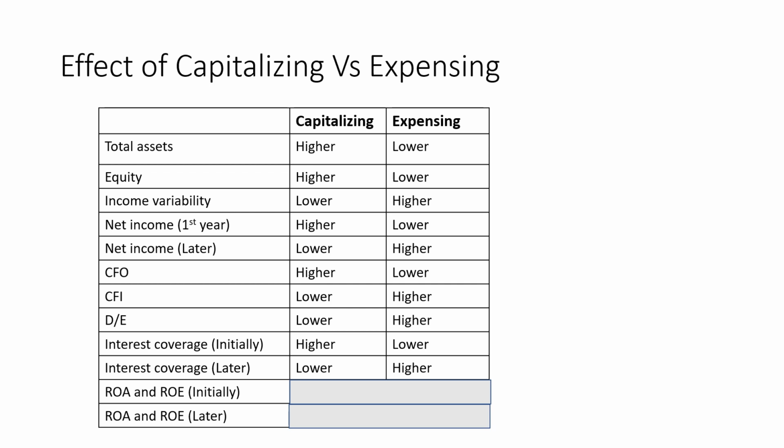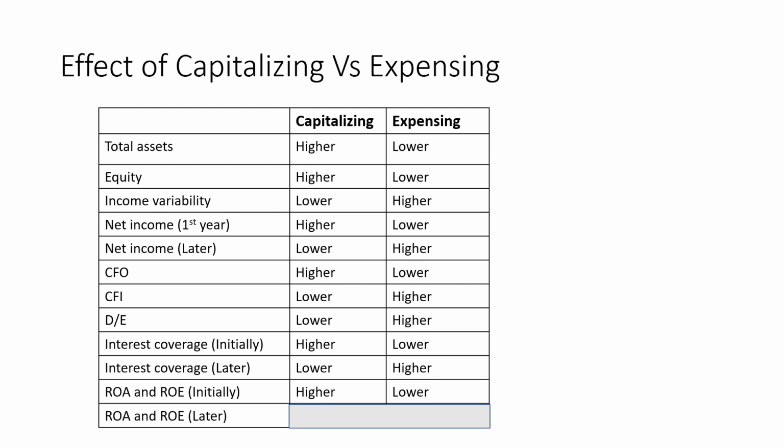So let's see the impact on ROA and ROE. For both ROA and ROE, the numerator is the net income. In ROA as well as in ROE, the denominator value would be higher if we are going to capitalize the cost.